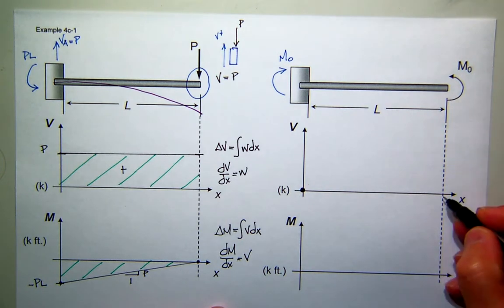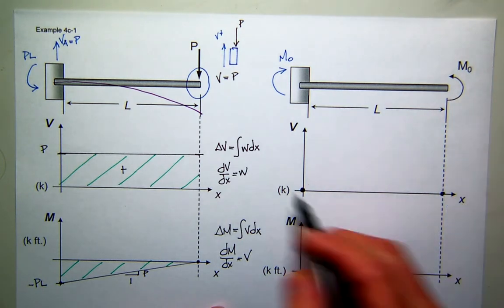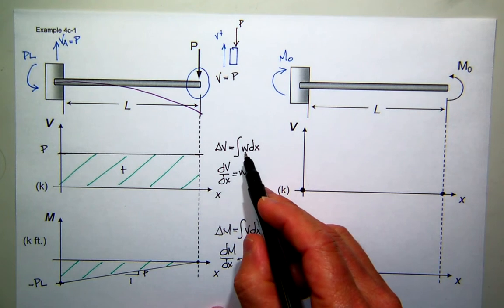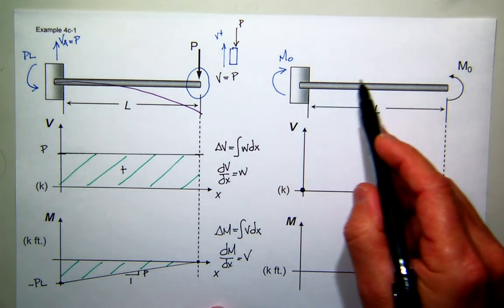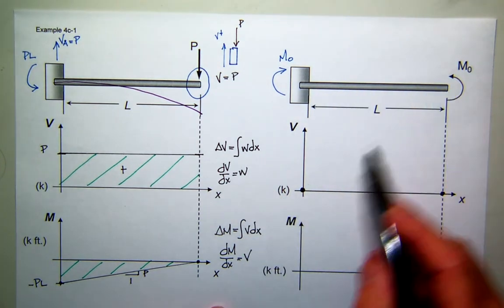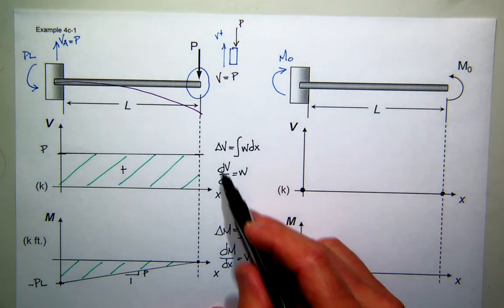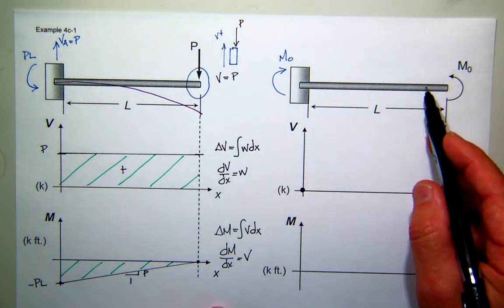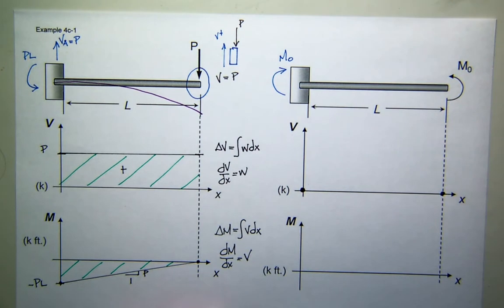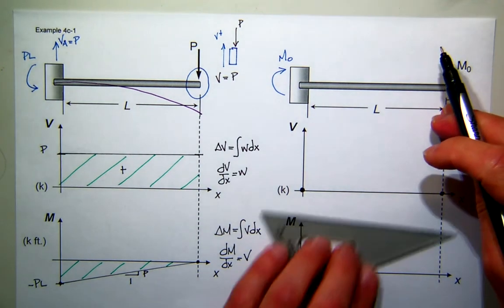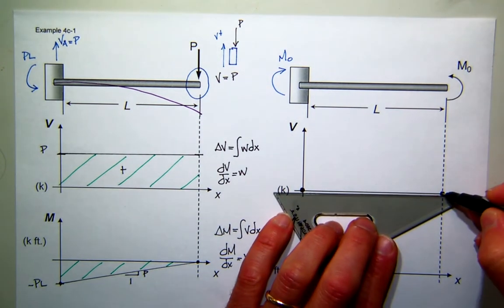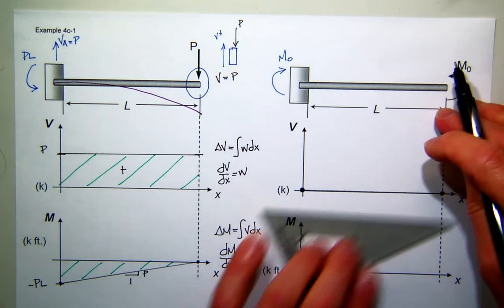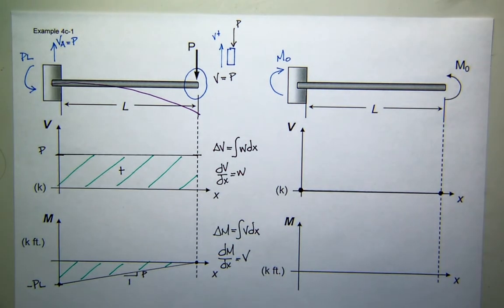What's the shear over here, do you think? Probably 0. The change in shear is the area in the load curve. What's the area in the load curve? 0. So that matches. The slope of this line connecting these 2 points is equal to the load. What's the load? 0. So you have no shear. The shear diagram, I'll draw it, but not really much to draw. There it is. No shear.